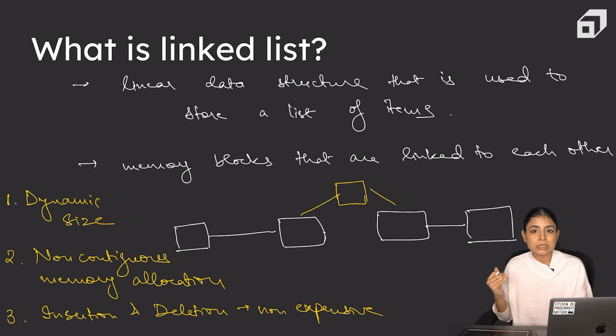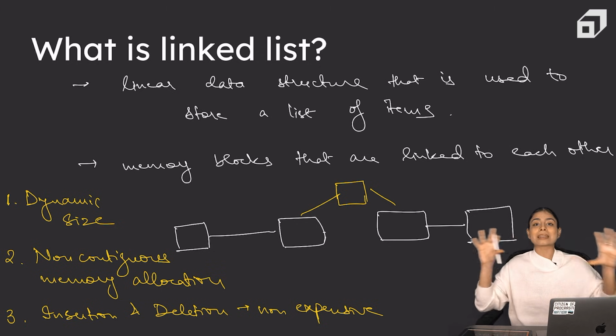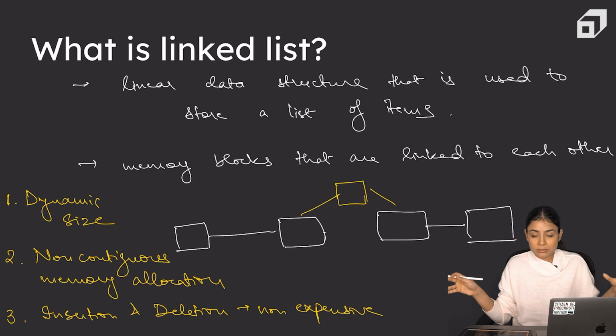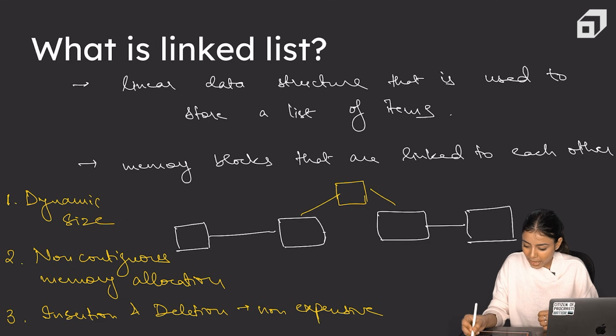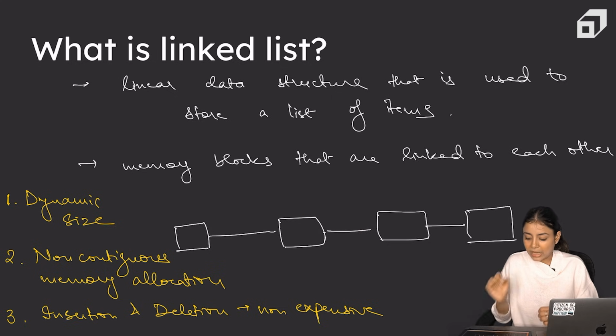So I'll be able to insert an element, and I don't have to move the other elements anywhere or shift them anywhere. Similarly, if I want to delete this element in the middle, I can just create this link back and get rid of these two links and the element. So I've deleted it now.